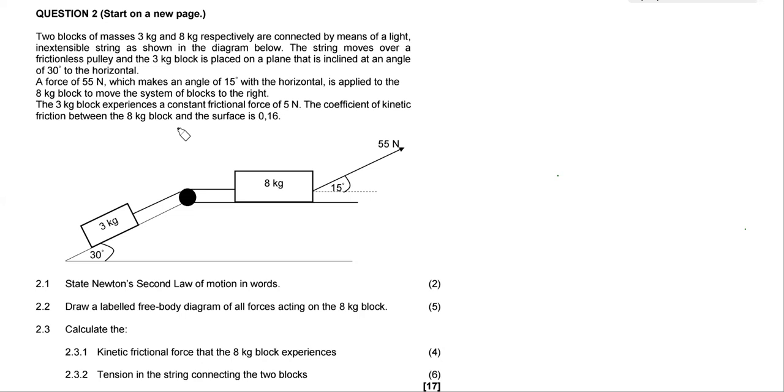What I always encourage when you are dealing with something like this is that you need to indicate the forces that you are being told of. For example, when you see a block on an inclined plane, you know that you are going to have two forces going down the plane.